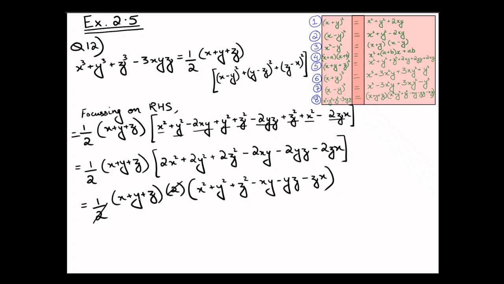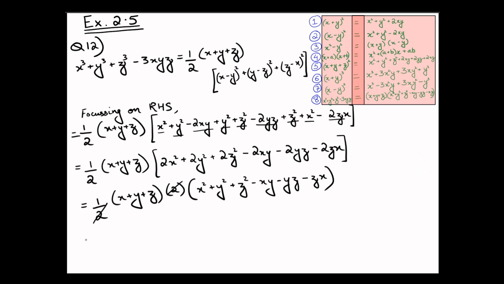And what I'm left with on the right hand side is x plus y plus z whole multiplied by this polynomial, which is x square plus y square plus z square minus xy minus yz minus zx. Now this is exactly equal to the right hand side of identity number 8.